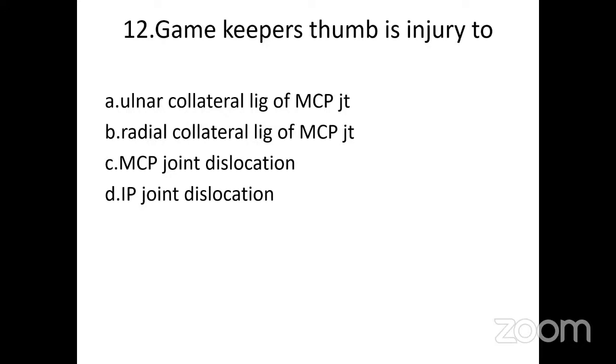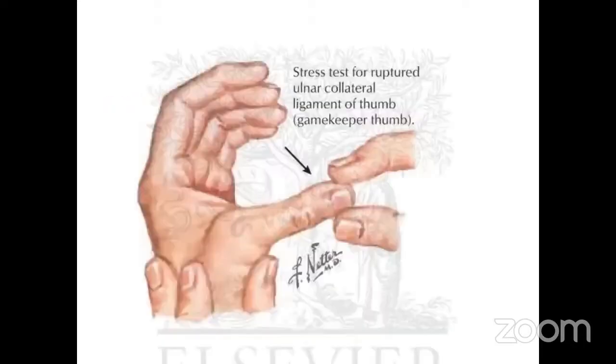And gamekeeper's thumb is actually an injury to the ulnar collateral ligament of the MCP joint. So we will see this is the MCP joint, and here you can see the ulnar collateral ligament. There are two collateral ligaments for the metacarpophalangeal joint, the ulnar collateral and the radial collateral.